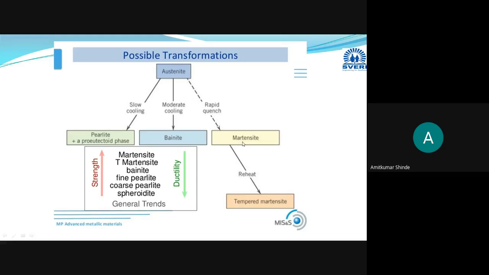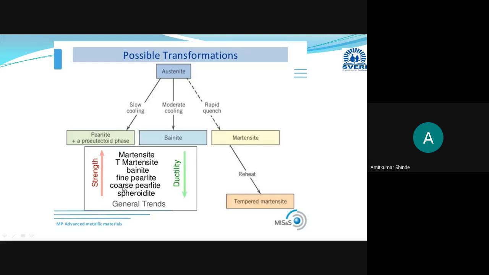Then martensite will have the highest hardness. Austenite will be softer, pearlite harder than austenite, bainite harder than pearlite, and martensite harder and stronger than bainite. In pearlite, coarse pearlite and fine pearlite exist depending on grain size, and fine pearlite will be harder and stronger.